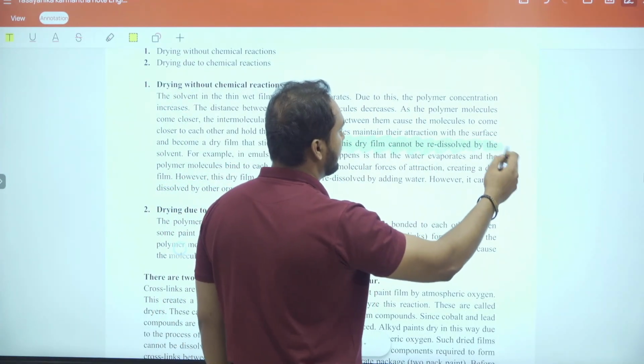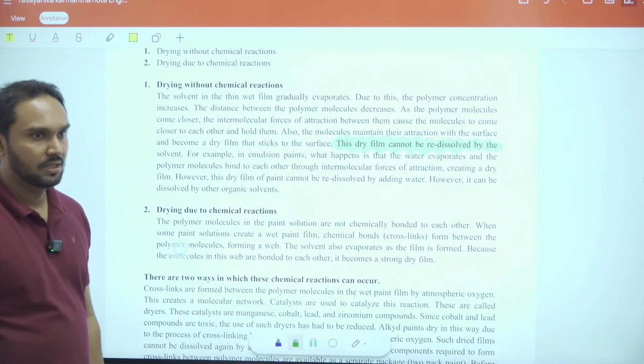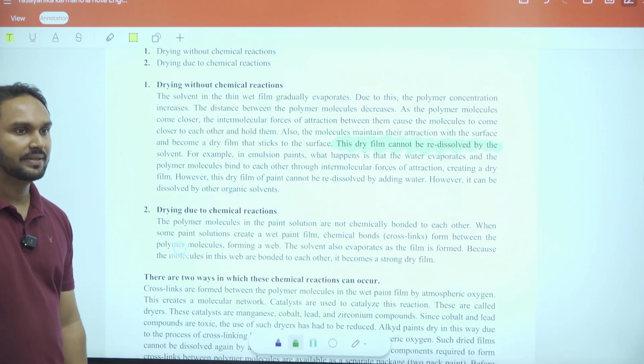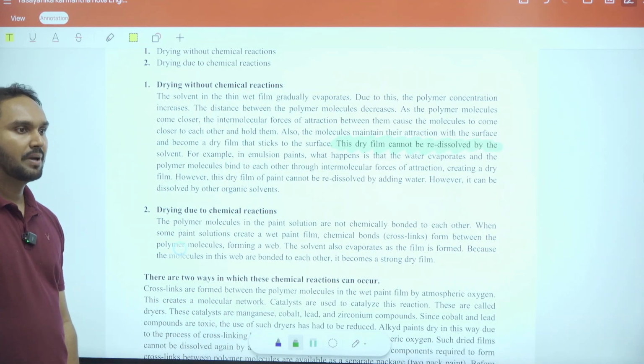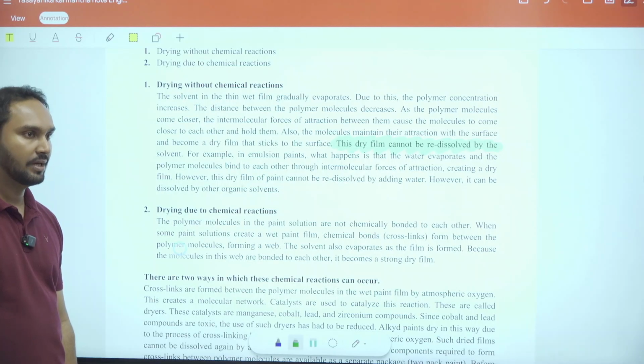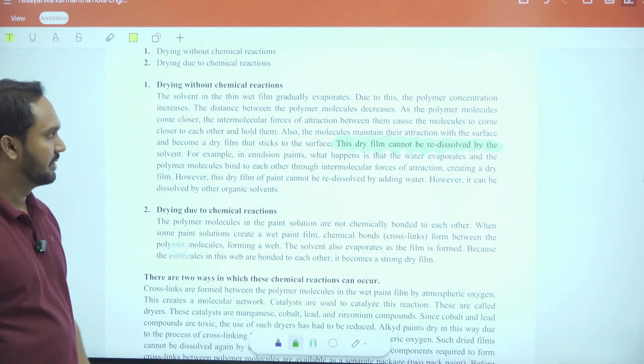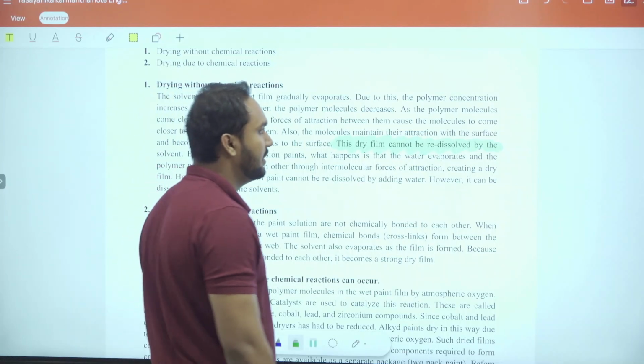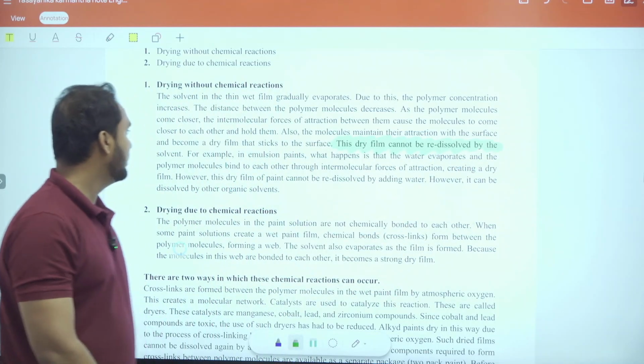Highlight it. If you use water as the solvent and apply it on the wall, and after drying you put some water on the surface again, would the paint dissolve back? No, it doesn't happen. So this dry film cannot be redissolved by the solvent.